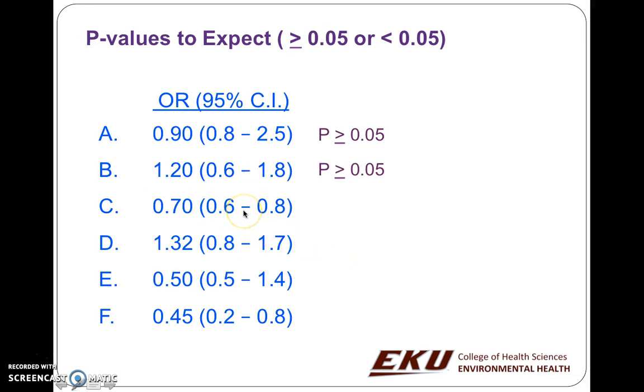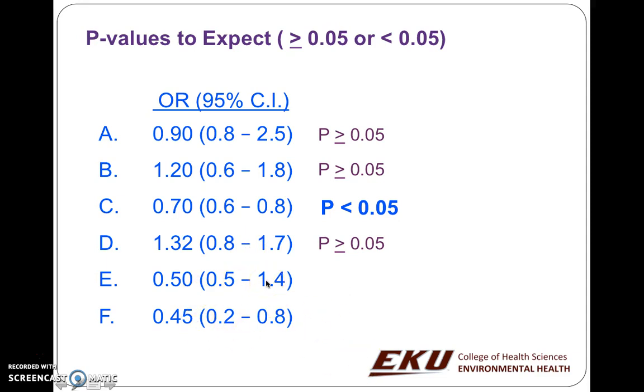For things that are statistically significant, we are at least 95% confident that we are making the right determination, so it is statistically significant. So p is less than 0.05. Here, 1 is included. It's not statistically significant, so p is going to be greater than or equal to 0.05. 0.5 to 1.4.